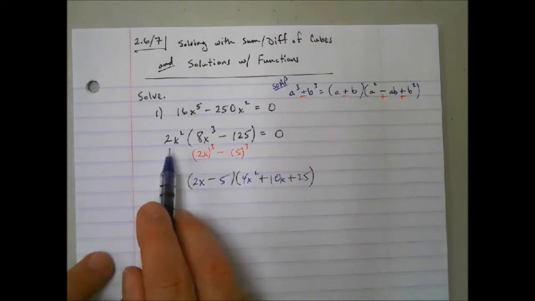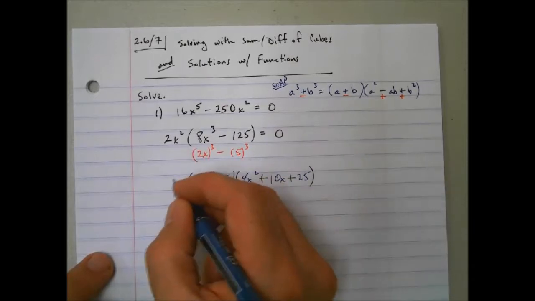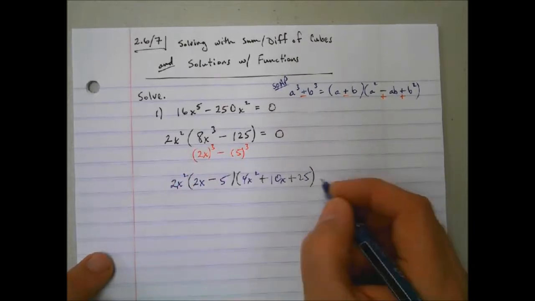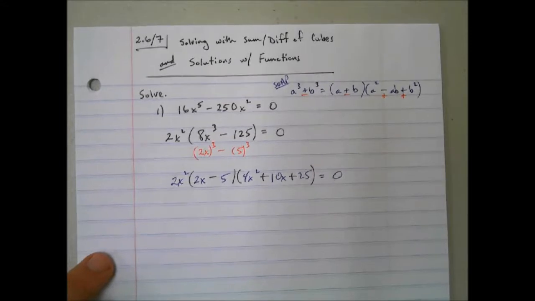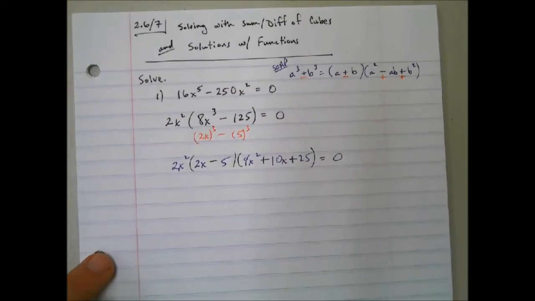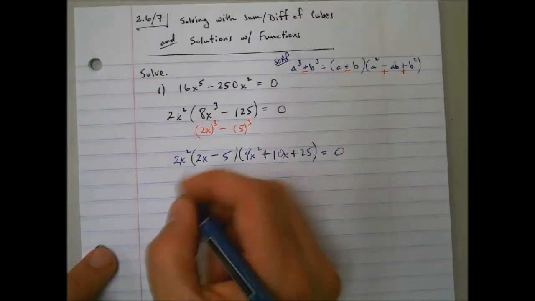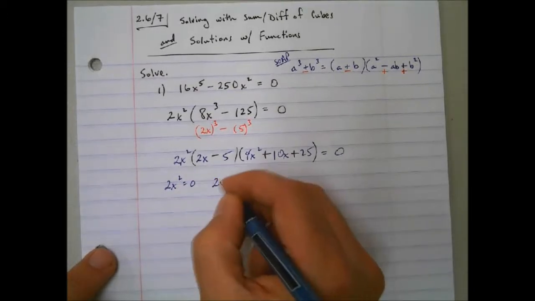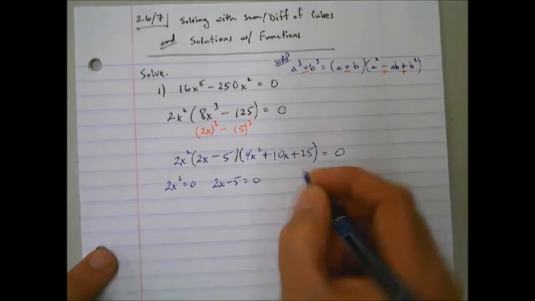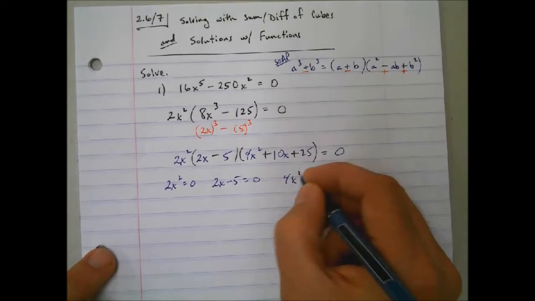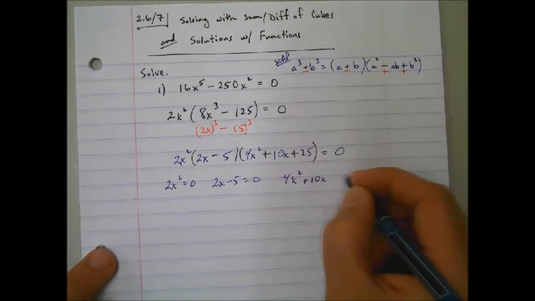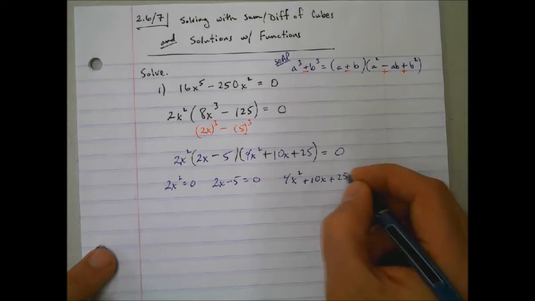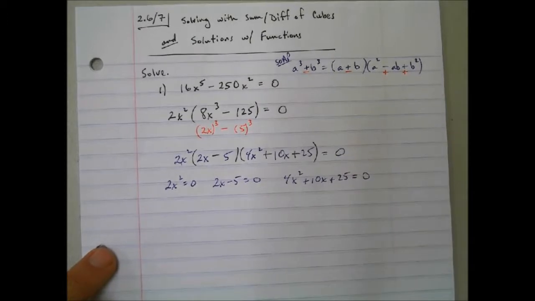Now, don't forget about the GCF. GCF needs to come along for the ride here, and here's equals 0. So now using the zero product property, we've got 2x squared equals 0, we have 2x minus 5 equals 0, and we have 4x squared plus 10x plus 25 equals 0.